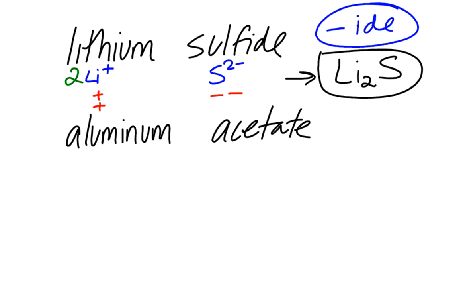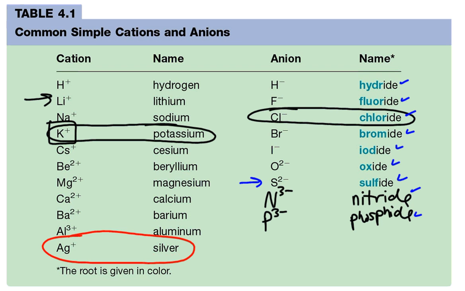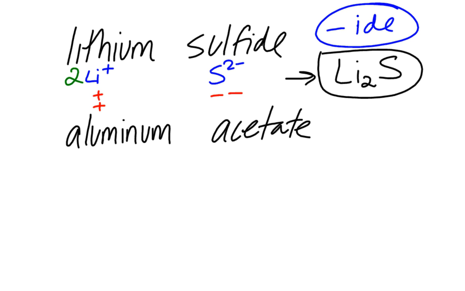Here we have aluminum acetate. First thing, aluminum is a metal, so I'm going to look at the monoatomics right here. Aluminum is a +3 ion, right down here. So that is Al3+.